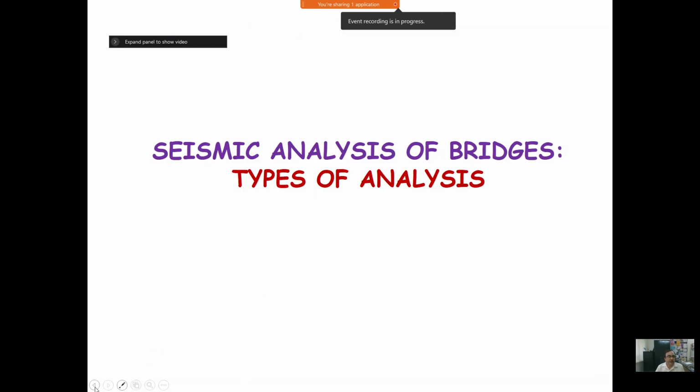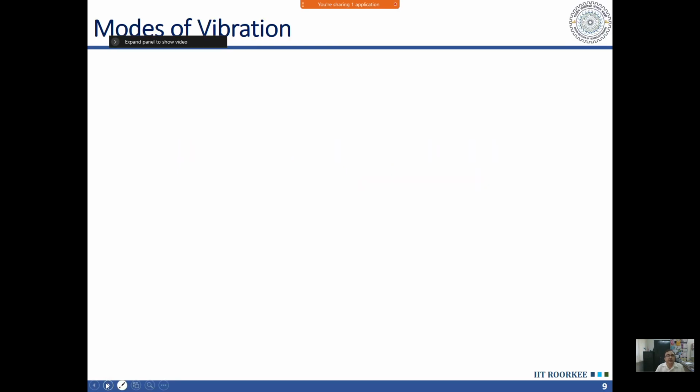Then what type of analysis are available and which the code permits? One analysis, the simplest analysis, can be that we consider this pier as a single degree of freedom system.